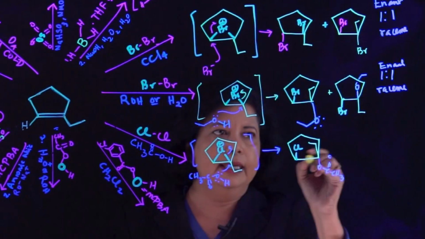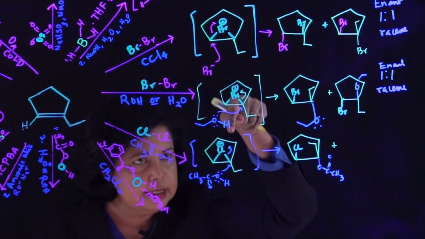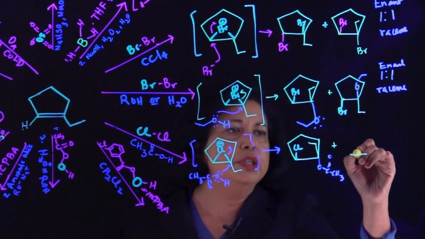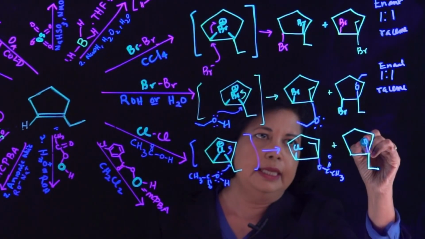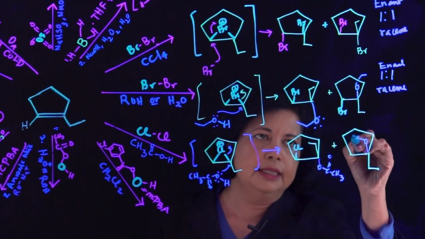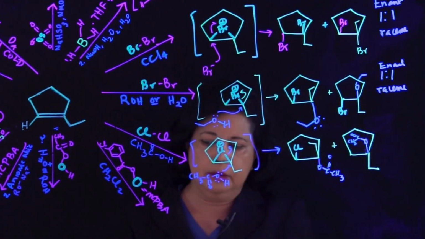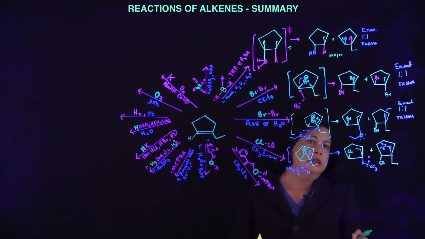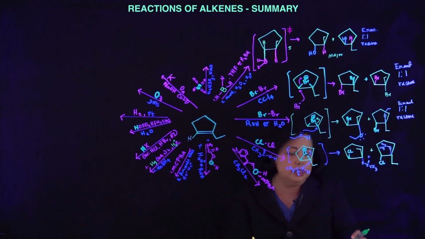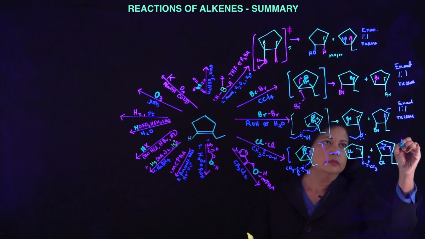Plus you would get chlorine going below, but the acetic acid will still attack on the most substituted carbon, the acetic acid or acetate above and chlorine below. So you can see these are also a 1-to-1 enantiomeric mix.